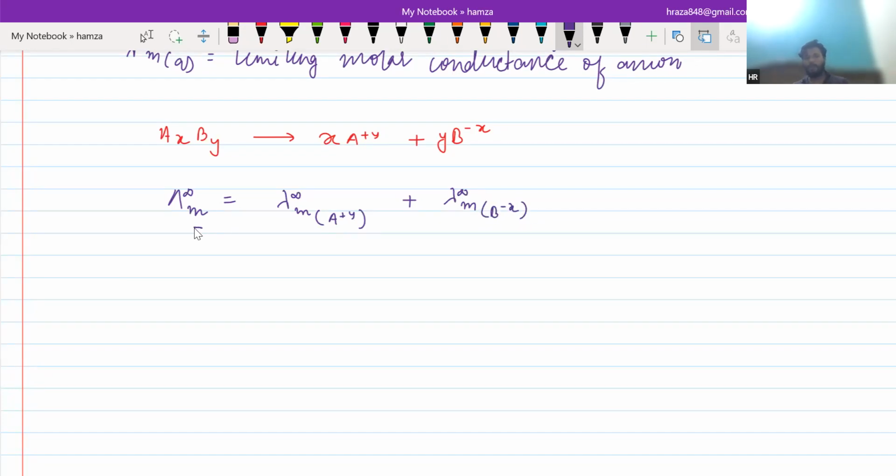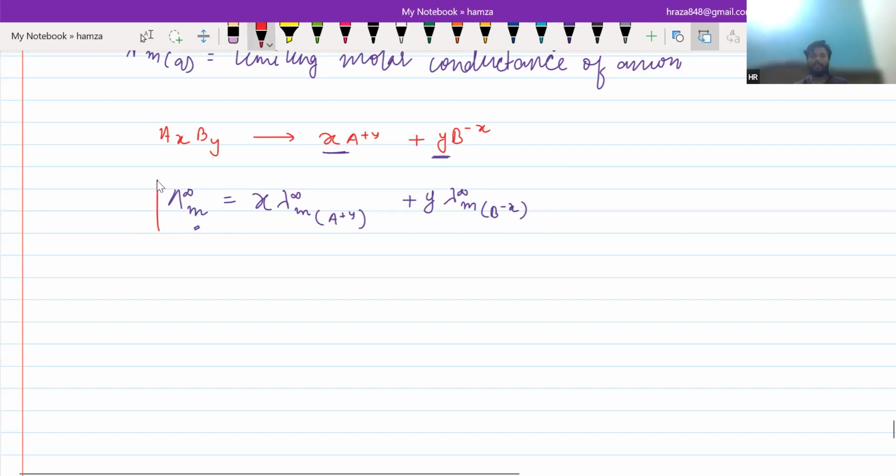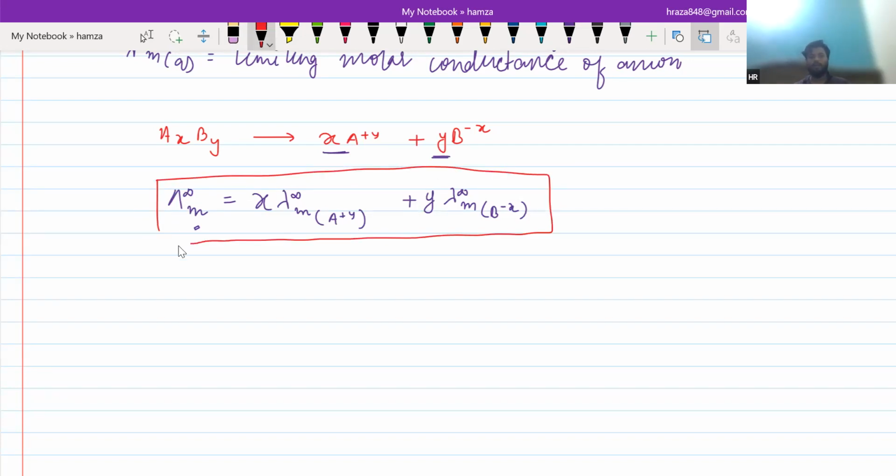If we are talking about molar conductivity, then there is mole concept and equivalent concept. In equivalent concept, you don't need to balance, but in molar conductivity, mole concept, you need to balance. That means there is x mole of A plus y, that's why I need to multiply it by x, and there is y mole of B, so we need to multiply it by y. So this will be the molar conductivity. But if you are going to write equivalent conductivity, you don't need to multiply it by x or y. Are you getting my point, both of you?